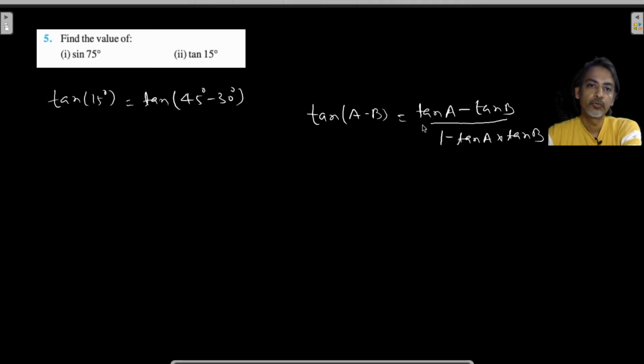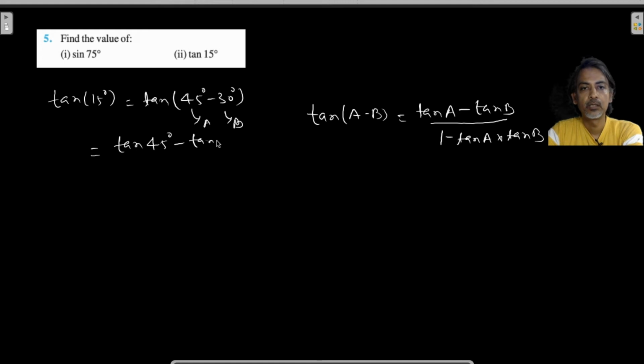Now if this becomes my a and this becomes my b, the expression tan a minus b becomes tan 45 degree minus tan 30 degree divided by 1 minus tan 45 degree into tan 30 degree, because tan 45 degree is tan a and tan 30 degree is tan b. So this is what the expression would become.